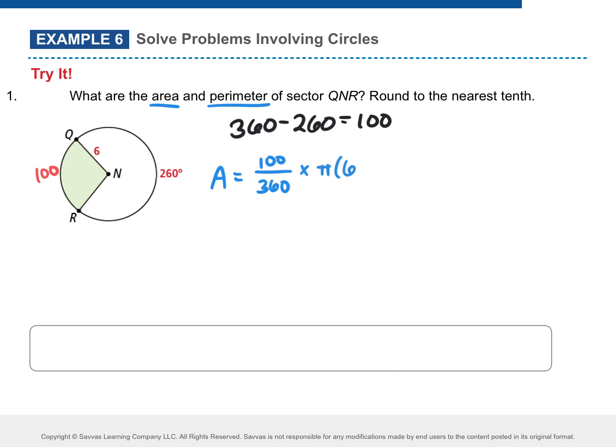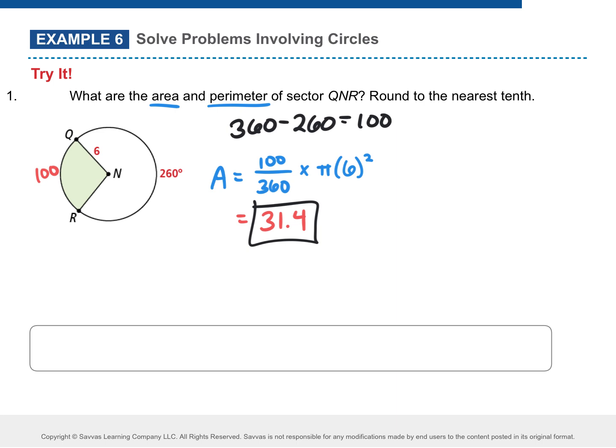Radius is 6 squared. If I type that in, 31.4 is what I got. I got 10 pi. Should get 31.4. Remember, this means 6 times 6. So the area of that section is 31.4.